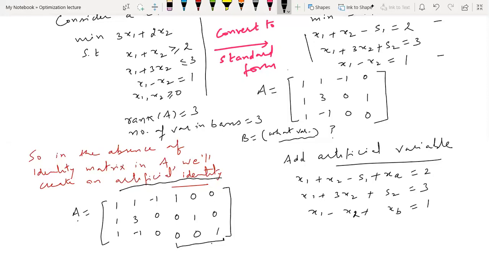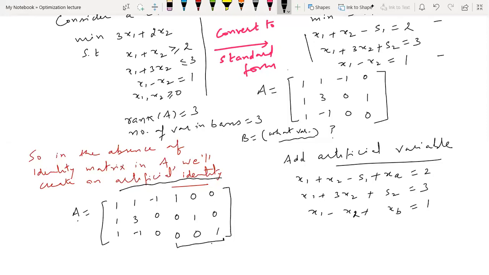But for the time being, because I am taking xa, s2, and xb as an identity matrix, initially I will have to take these variables into the basis. That means I'm putting all other variables at zero level. So initially I'm giving xa some value, which is equal to 2.